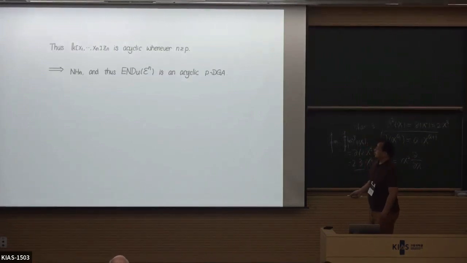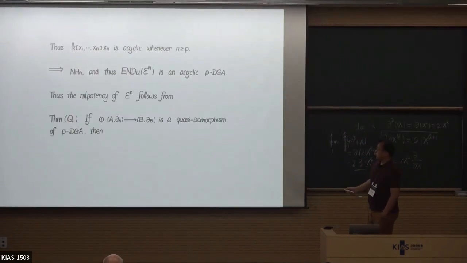So now you can conclude that the nil-Hecke algebra, whenever n is greater or equal to p, is a cyclic PDG algebra. The nilpotency of this object will follow from this generalization of the classical theorem in DG algebra.